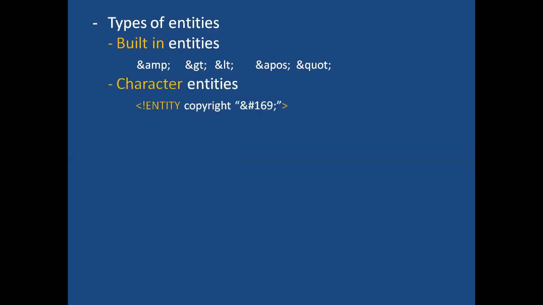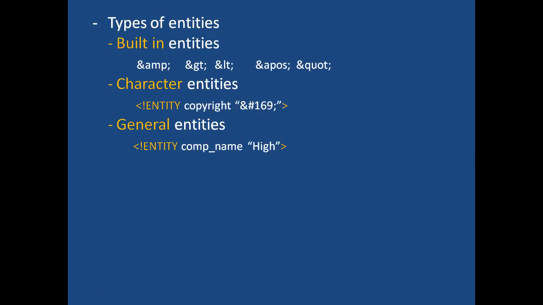Next, character entities. Character entities are used to name some of the entities which are symbolic representation of information, that is, characters that are difficult or impossible to type can be substituted by character entities. Here, this reference will give a copyright symbol. Next, general entities.